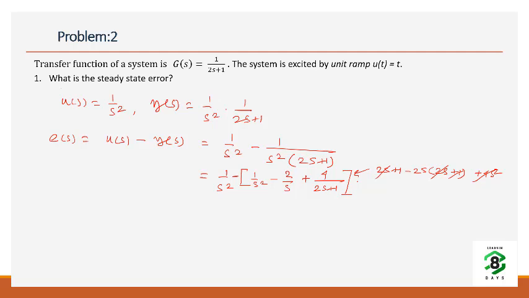Okay, which can be simplified as 2 by s minus 4 by 2s plus 1. This is the error signal in S domain.